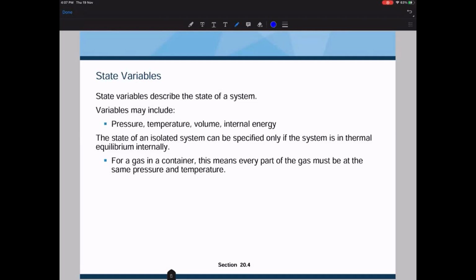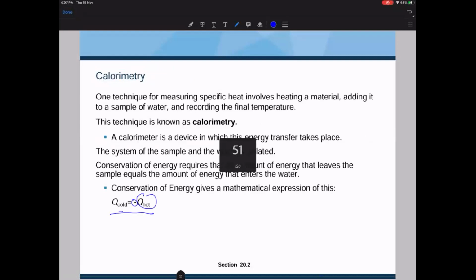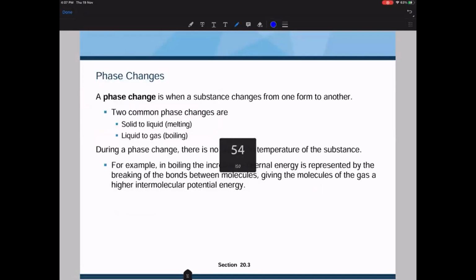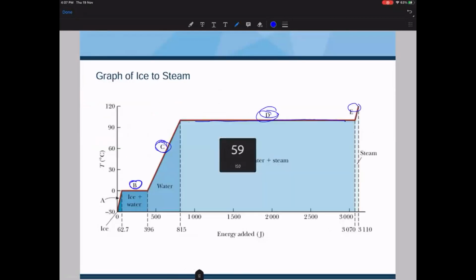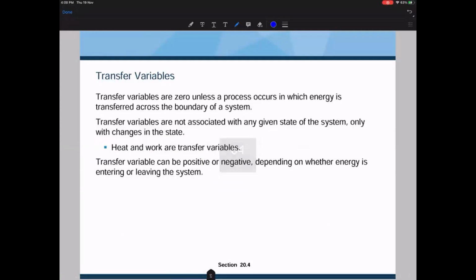And the state variables could be used to describe the system that is isolated without being in contact with other environment. On the other hand, there are other variables which could only exist when you have a contact with the surrounding. And these are what we call the transfer variables.